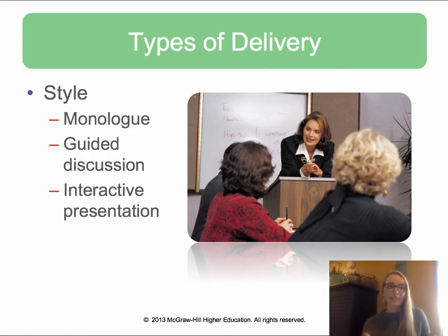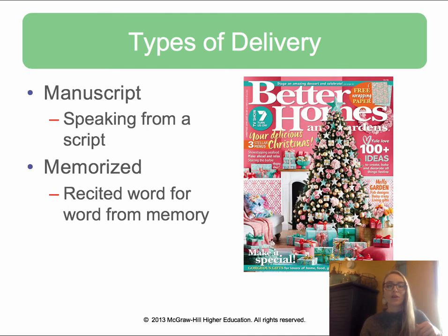All right, now we will transition into types of delivery in terms of manuscript, memorized, and extemporaneous speaking. So thinking of manuscript speaking, this is where you are speaking directly from a script. So for instance, if we look at this Better Homes and Gardens magazine, if you were to tell us about this magazine and read this cover to us, directly just holding the magazine and the audience couldn't see it, for example, would it be very easy for them to follow the text and the messages on this cover?